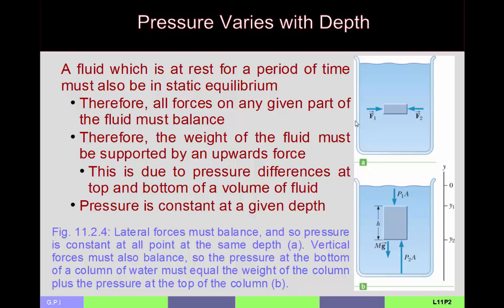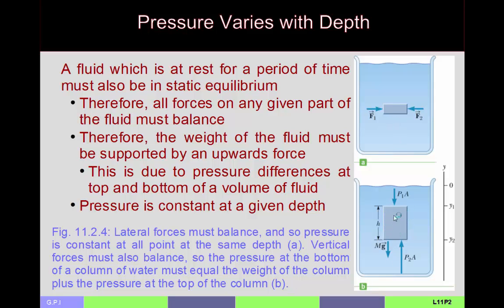Among other things, that means the weight of a column of the fluid has to be balanced by a greater amount of pressure acting upward from the bottom than there is from the top acting downward. Pressure differences are what allow a given bit of fluid to stay in one location. If the fluid's at equilibrium, then this bit of fluid has to stay here, and this bit has to stay here.